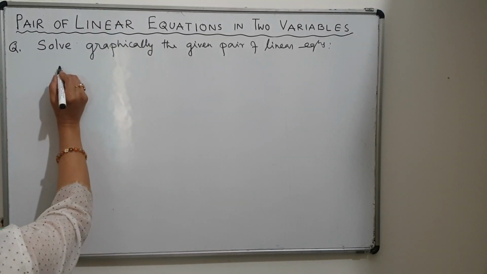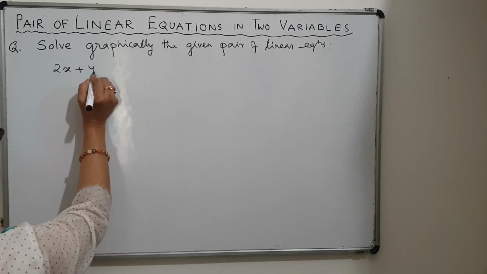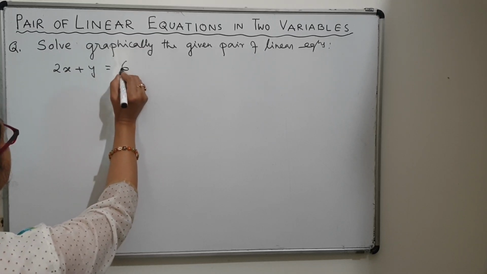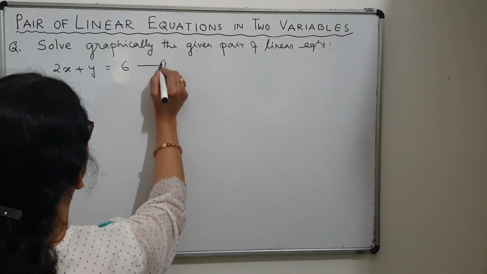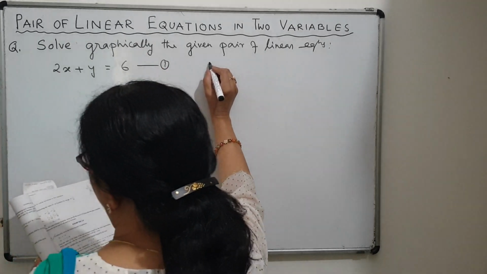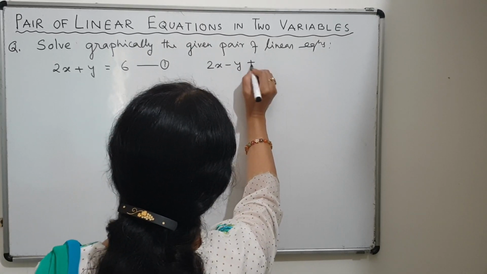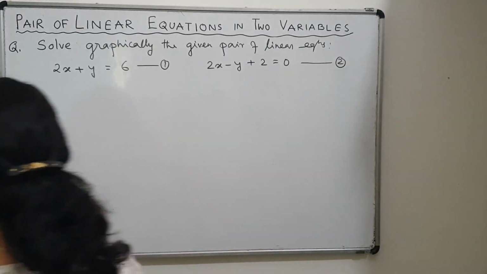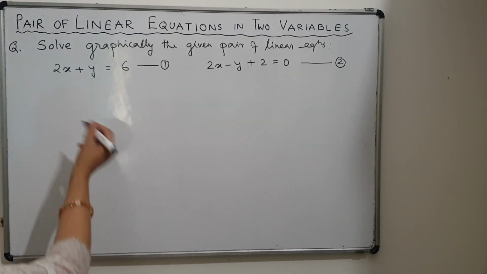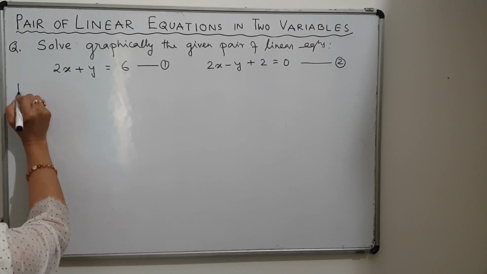So what are the equations? 2x plus y is equal to 6, first equation, and the second one is 2x minus y plus 2 is equal to 0. And there is also a remaining part of the question.